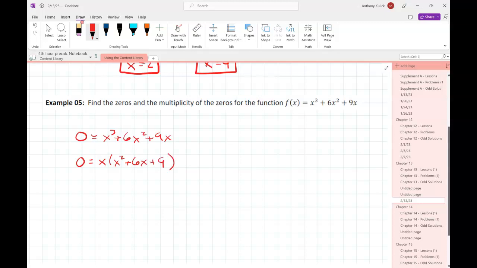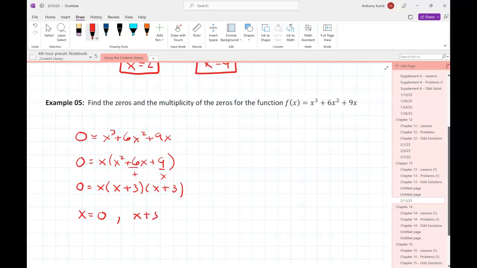Then what? Okay, factor. How does x squared plus 6x plus 9 factor? So the two numbers that multiply to give us 9 and then add to give us 6 are 3 and 3. So we'll write that as x times x plus 3 times x plus 3.